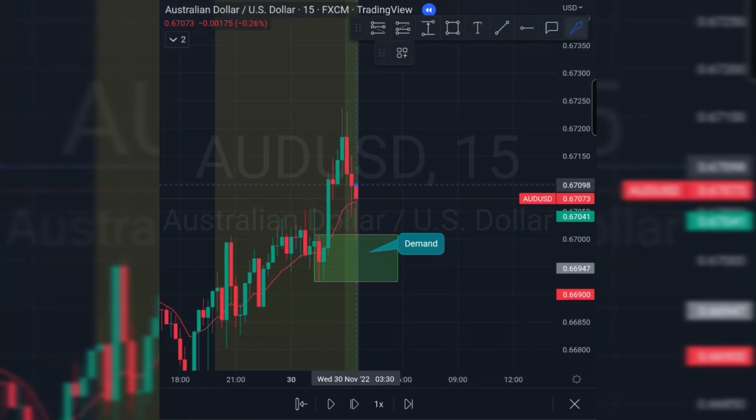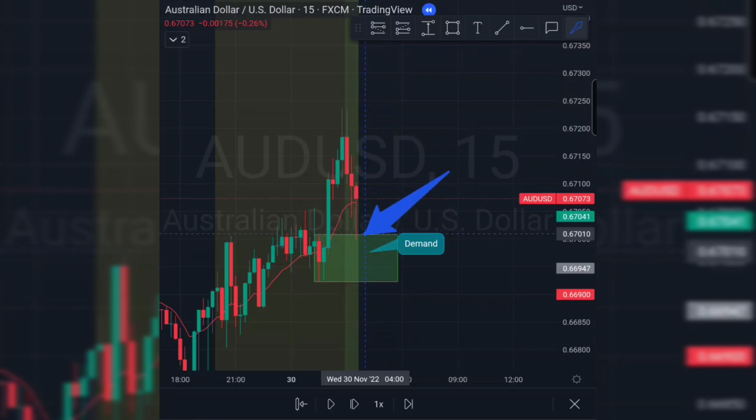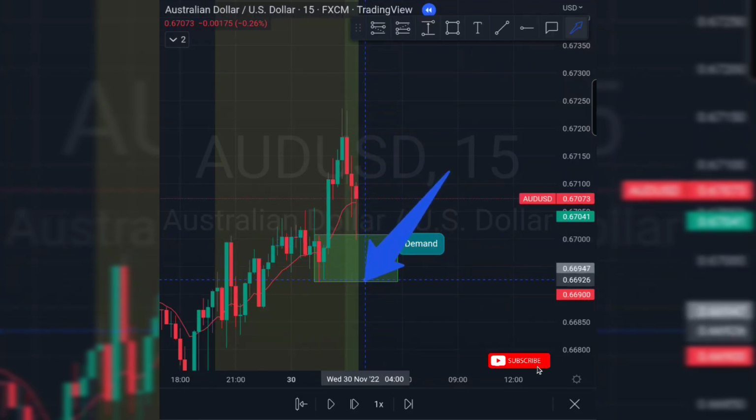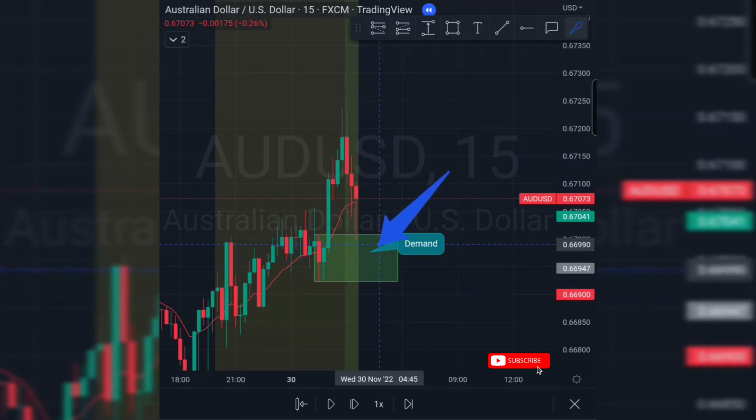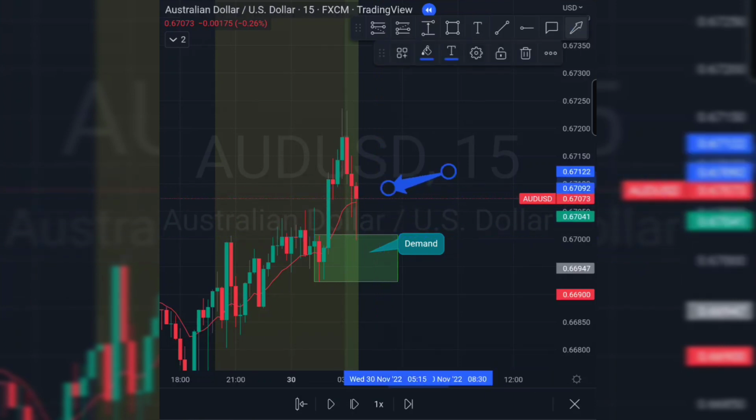So right there, it fills the gap. This wick comes down into our box. It can come down here and come down here as long as it doesn't break this box. Once it breaks your box, the setup is invalid.